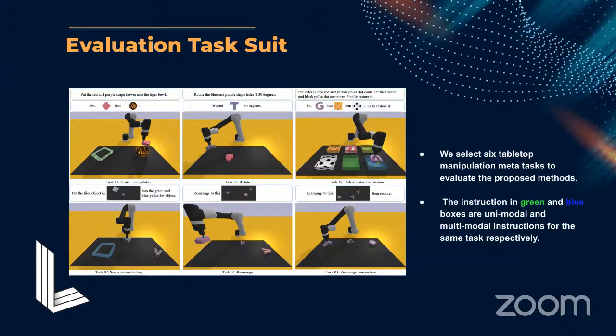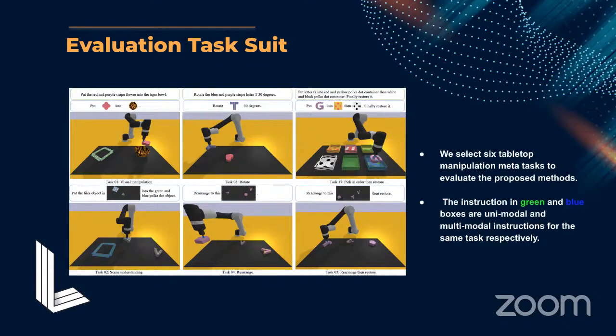Here is an example of the tasks that were given to the robot, which it could successfully execute. As you can see, we have green instructions and blue instructions. The green ones are pure language instructions given to the system, and they were executed successfully. The blue ones are language-visual instructions. We also can have pointing-language enhanced instructions, where we use the mouse to click and drag objects, and in that scenario the robot also functions very well.